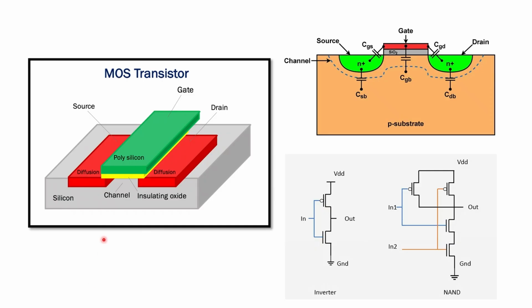One of the most important skills of a semiconductor material is to form an electrically controllable switch. The switch is called a transistor, which is short for transresistor, meaning it's a resistance whose value can be changed, can be transformed. And this is called a MOS transistor. MOS stands for metal oxide semiconductor.